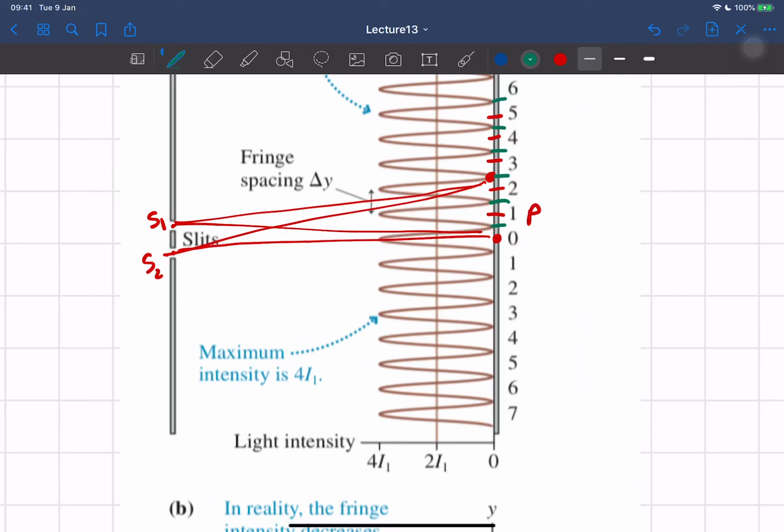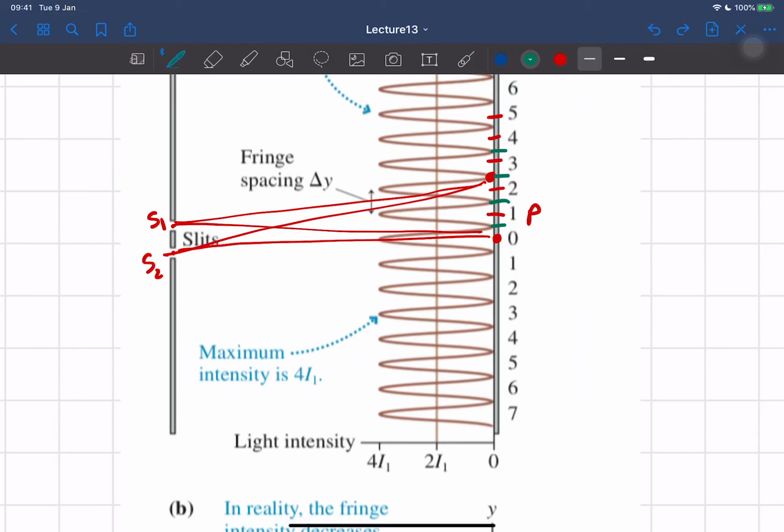So far, nothing new. It's the same physics that we had before when we talked about interference of sound waves. To see whether you get a bright or dark spot on the screen, meaning constructive or destructive interference, it depends only on the path difference, whether it's a multiple of lambda or a half multiple of lambda. So everything is fine.